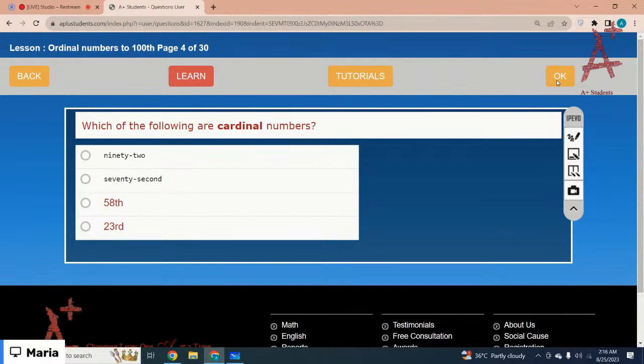The rest of the numbers, you can see 72nd, 58th, 23rd. You have RD, TH, and ND with the rest of the numbers. They are the ordinals, right? Only 92 is the cardinal. 92 is the cardinal.